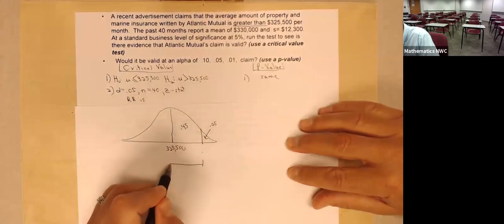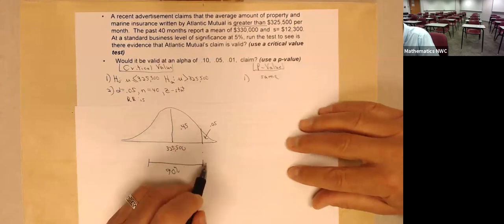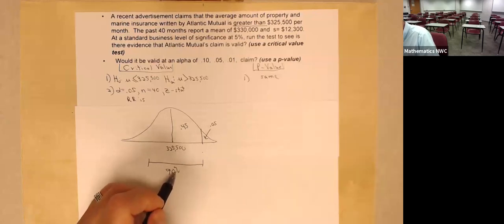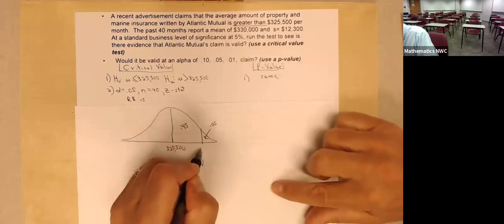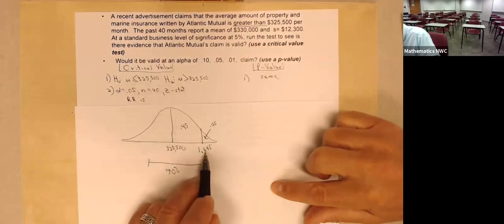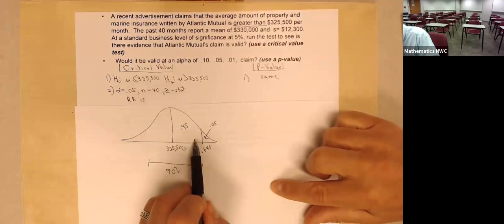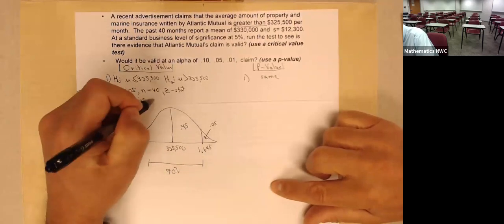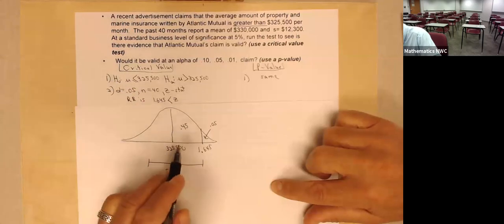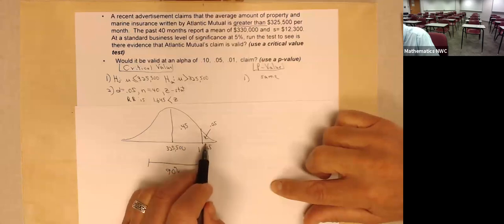This takes us back to 90% confidence, doubled 45, 5 on each side. 90% confidence would have given me 1.645, and you might have remembered that from your confidence intervals. 1.645 is my rejection region. If I go over that number, that's a positive number, 1.645. If Z gets to be more than that, I'm in that rejection region. I've gone over the line.